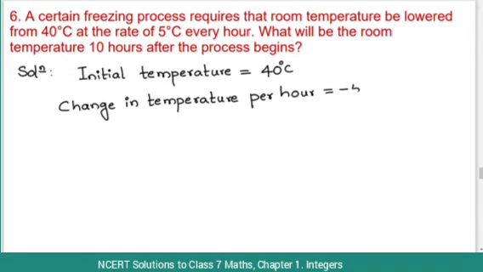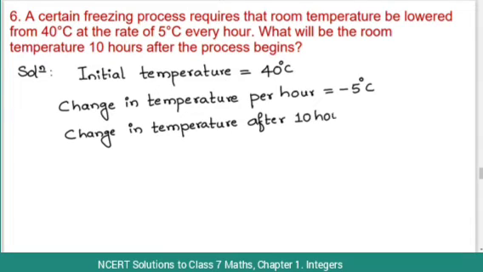But it is lowering means you have to write minus 5 degree Celsius. And change in temperature after 10 hours is equal to minus 5 into 10, that is minus 50 degree Celsius.